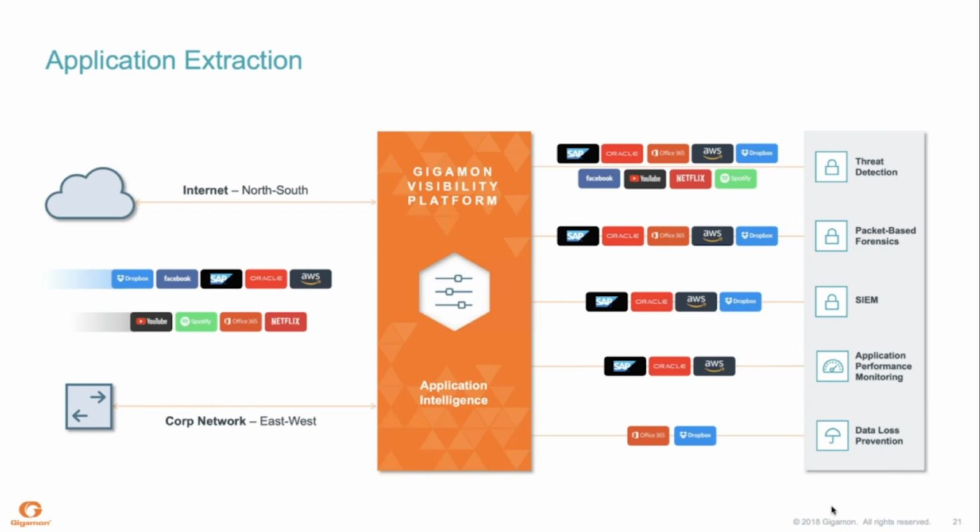Okay. Next question: we have a converged network with multiple locations. Is it possible to monitor a network on a different subnet? The answer is absolutely yes. You would put one of our tap appliances into that network.